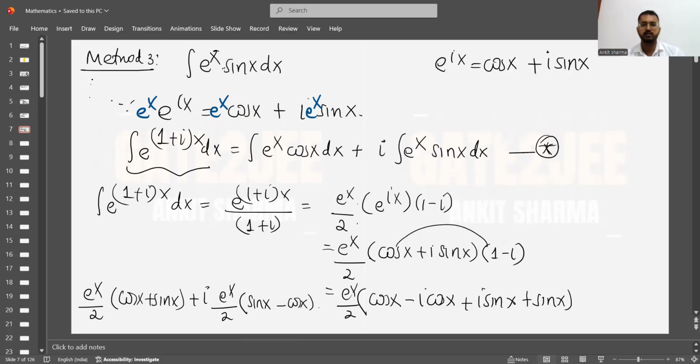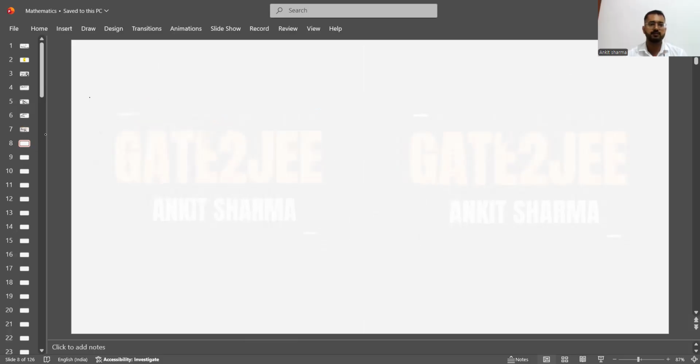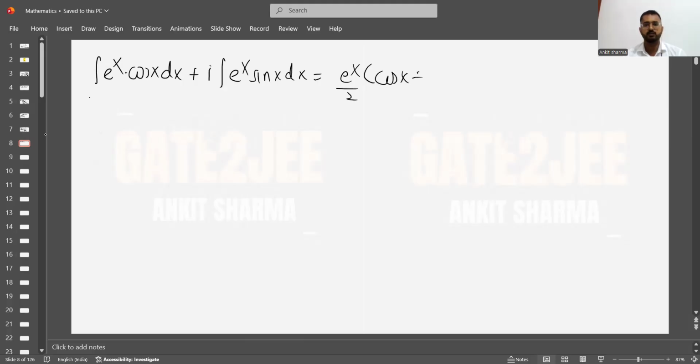So that means this integration turns out to be: the integral of e to the power x into cos x dx plus i times the integral of e power x into sin x dx would be e power x by 2 into (cos x plus sin x), plus i times e power x by 2 into (sin x minus cos x). So just equate the real and imaginary parts.